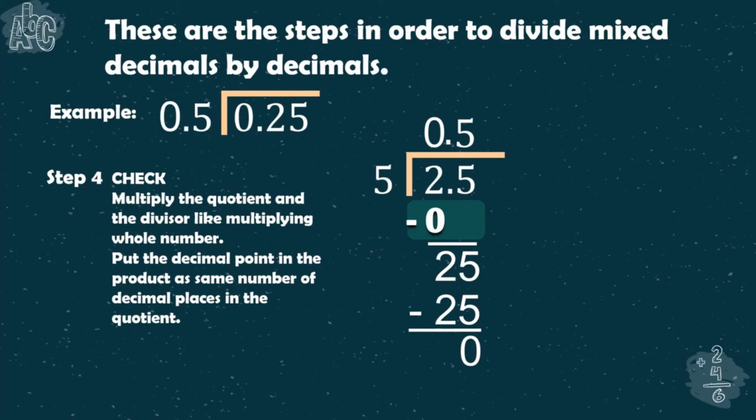Step number 4 is to check. Multiply the quotient, or the answer, and the divisor like multiplying whole numbers. Put the decimal point in the product as the same number of decimal places in the quotient.